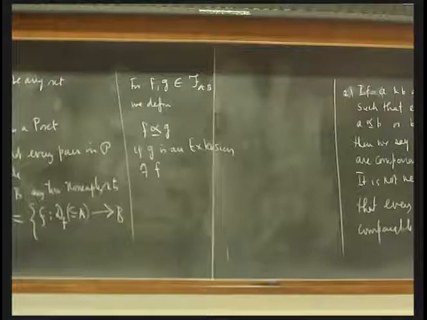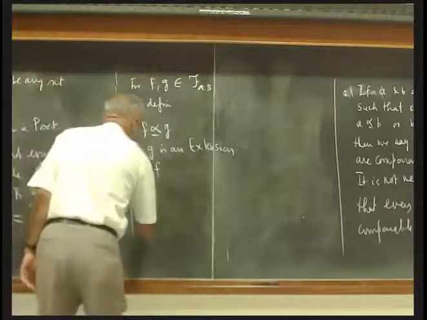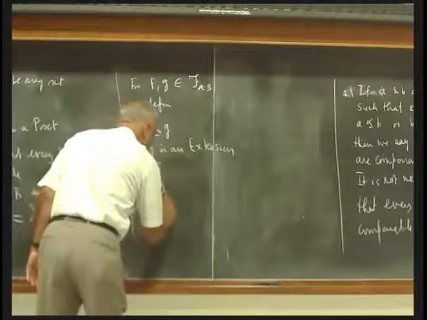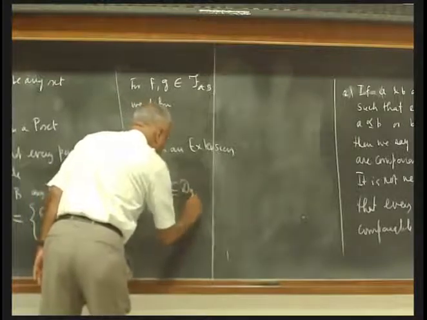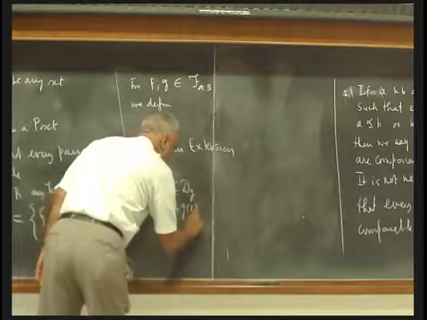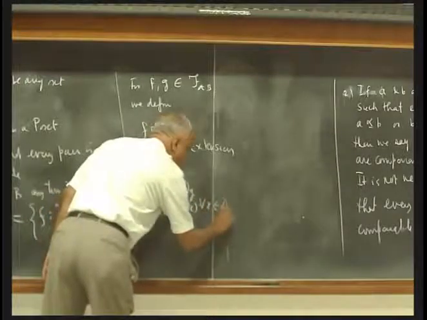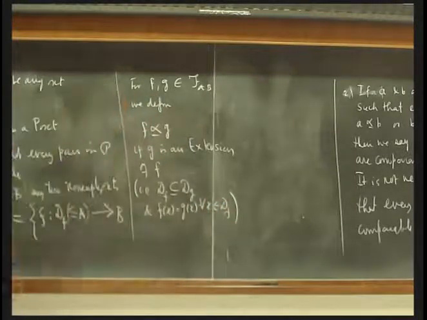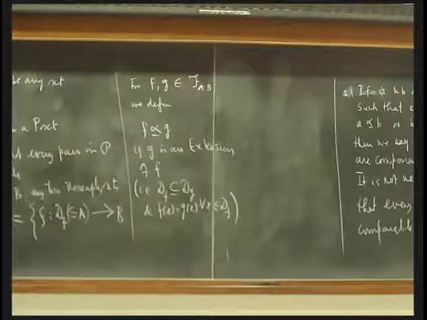The domain of G must be at least as big as the domain of F, and in the common portion they agree. That is, the domain of F is a subset of the domain of G, and F(x) equals G(x) for every x in the common portion. Then we say G is an extension of F.